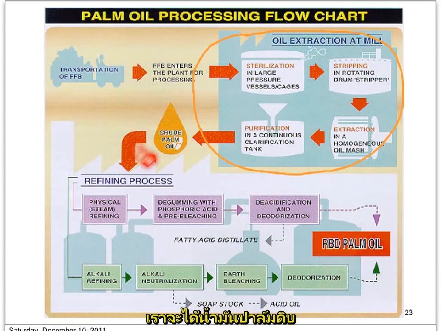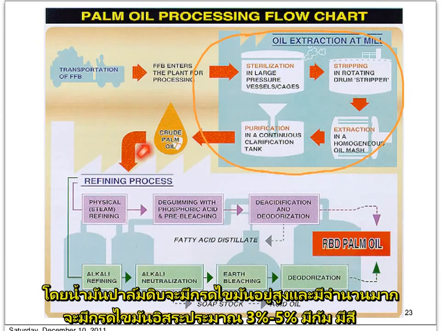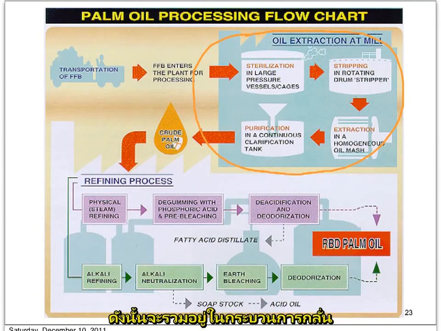Then finally we get the crude oil. But at this stage, the crude oil still contains a high amount of free fatty acid, maybe between 3 to 5%. It contains gums, phospholipids, waxes, pigments. So these need to be removed in the process of refining.